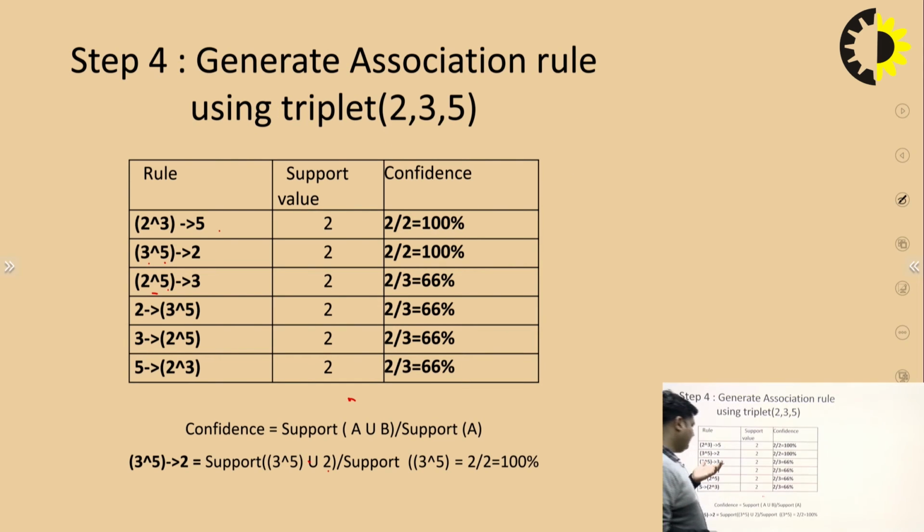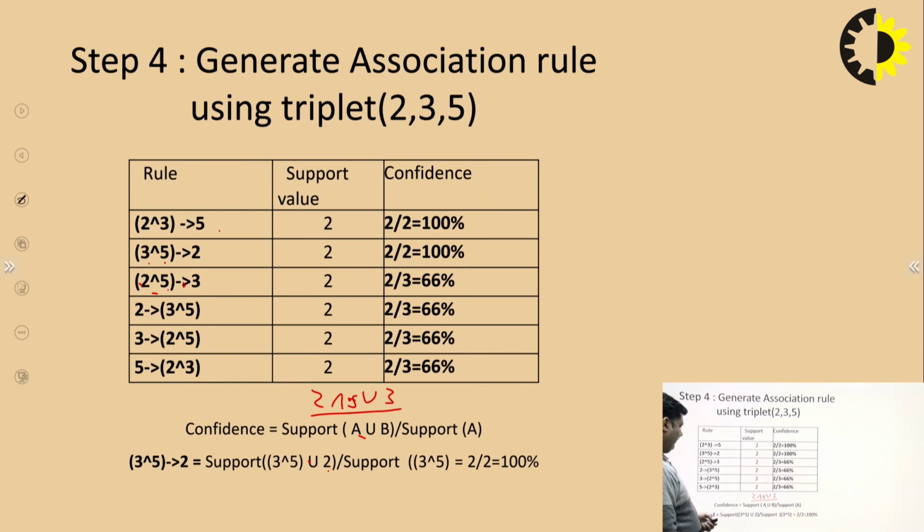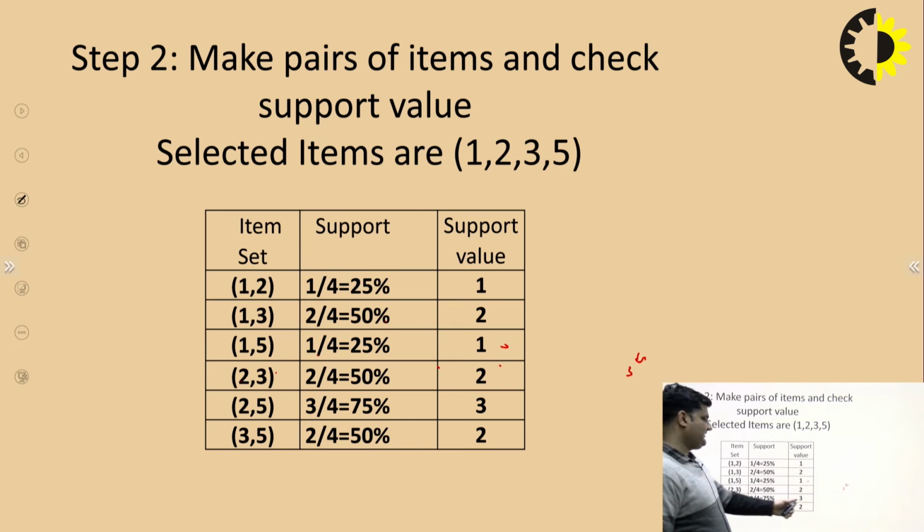If we check this value, the set of 2, 5 and 3, obviously this is the 3 value because we have 2 and 3. If we take 2 and 3 here and the union, we have 3. Obviously, from the third step, the value is 2. And if we check the pair 2 and 5 from table number 2, the value of 2, 5 is 3.